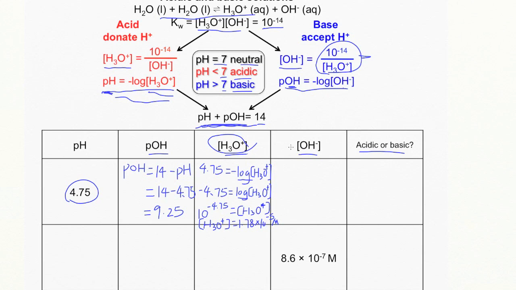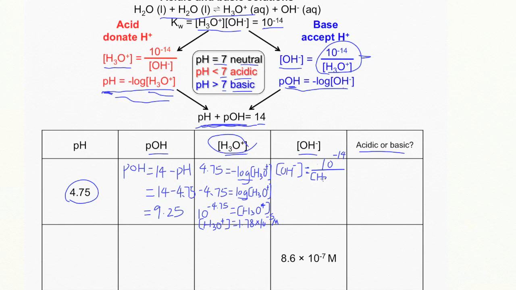Let's use this equation. So hydroxide concentration equals 10 to the negative 14 over the hydronium concentration.